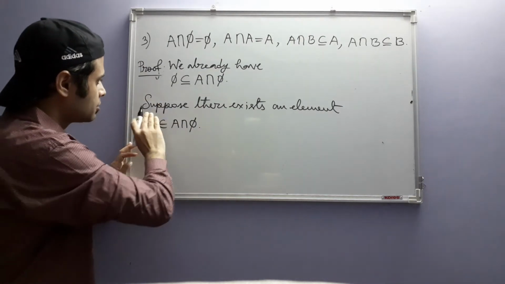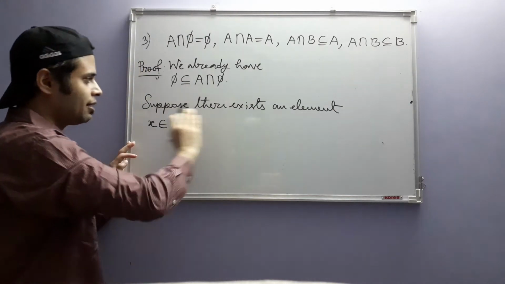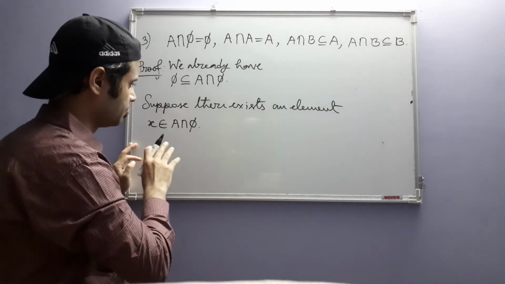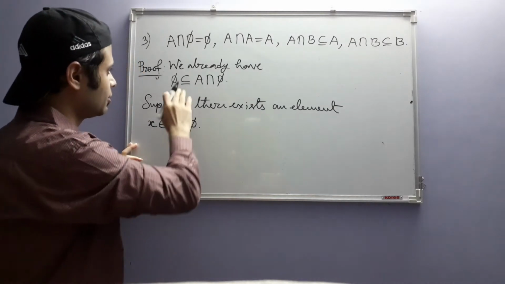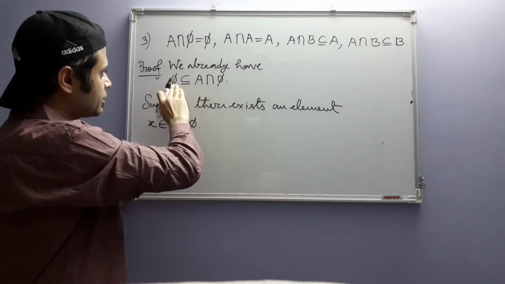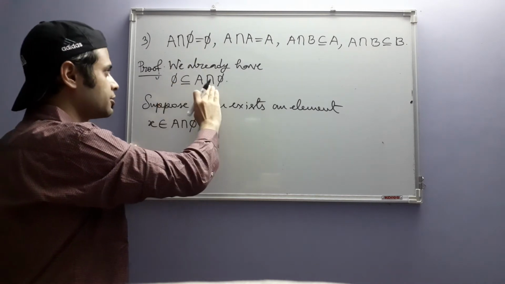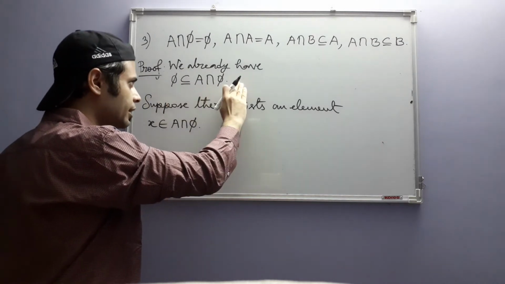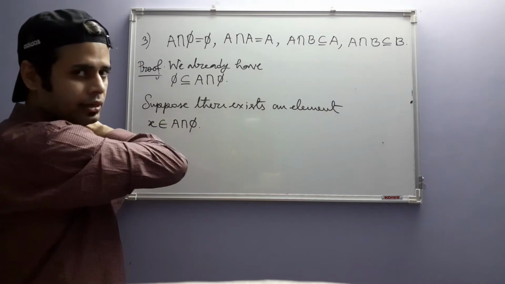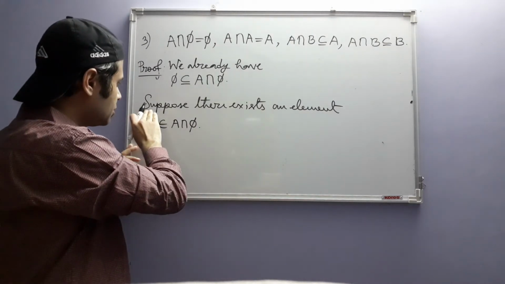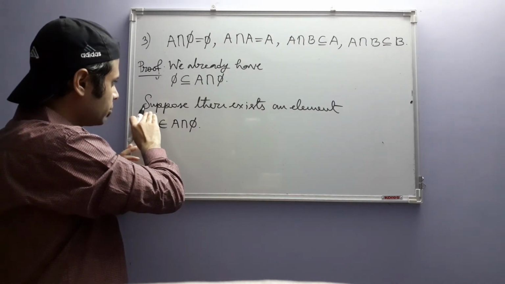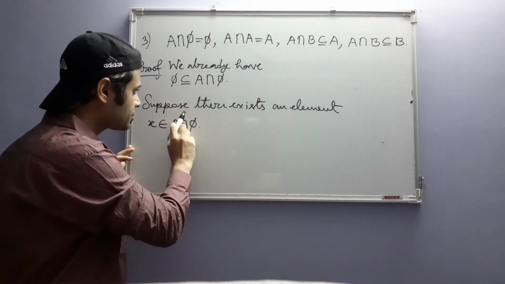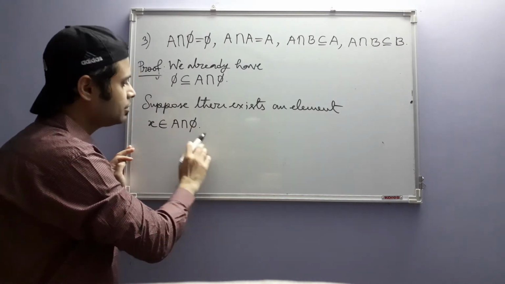Okay, anyway, so having said that, we have done something slightly different than our usual strategy. I mean, we have showed that this is, I mean, already we know that this is a subset of this. We then have to show that this is a subset of this. Now, instead of taking any element x in this and showing that x is in empty set, we have expressed a doubt here. We have supposed that there is an element x in this.